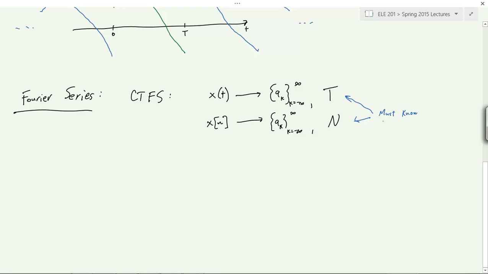You must also know what the period is. I mean, just think about using the formula to invert it, right? You need to know N or T.